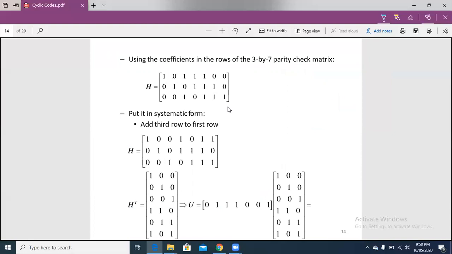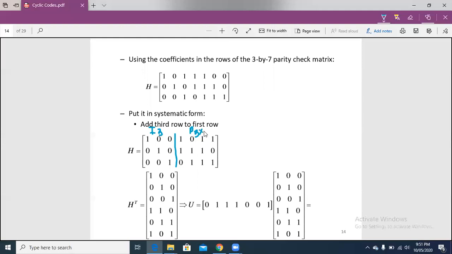We will make it in the form that we have the n minus k identity matrix, the I3 identity matrix here, and we have the parity matrix P of order 3 by 4 here.